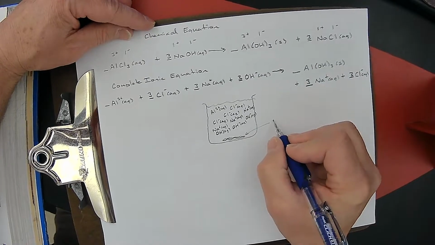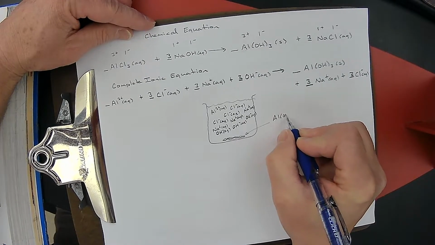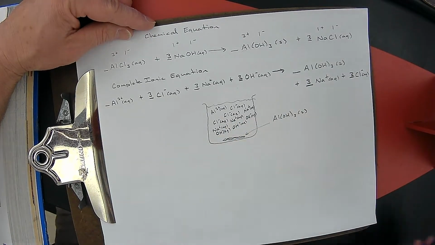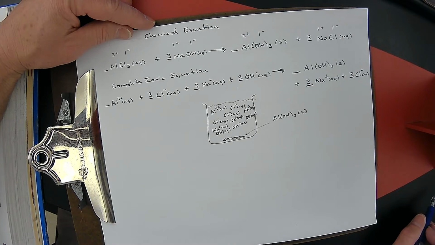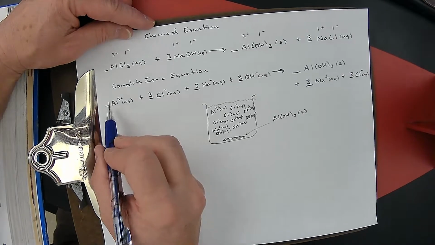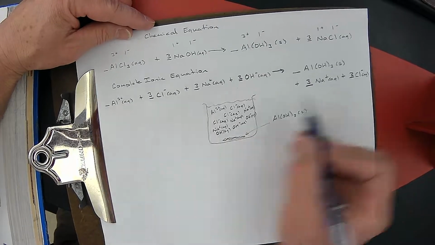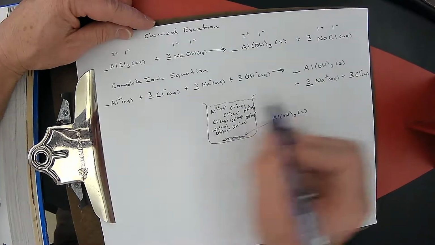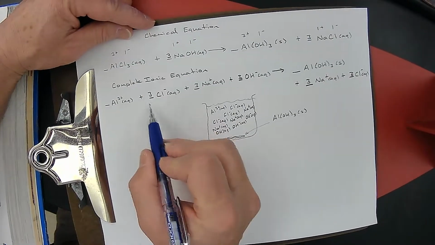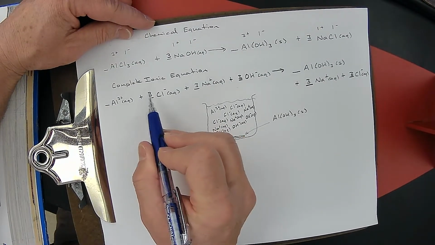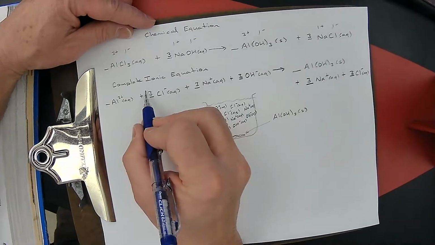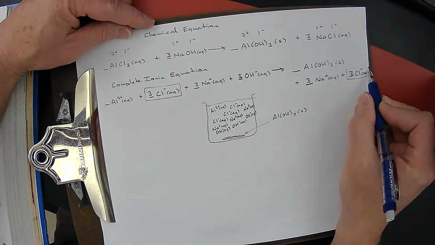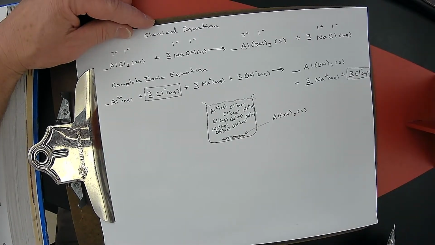That would be Al(OH)3 solid precipitate, but everything else floats around in ion form. So I want you to notice something. First off, Al3+ starts as Al3+ and forms a solid precipitate. It changes. But the 3 Cl minuses start as 3 Cl minuses and end exactly the same. They don't change.